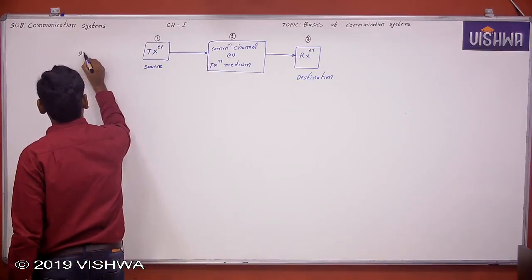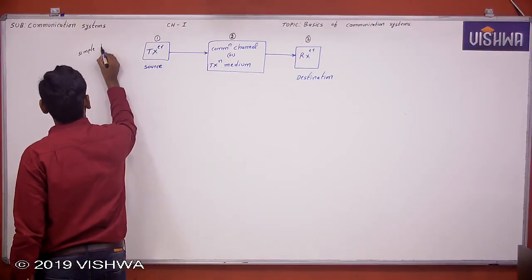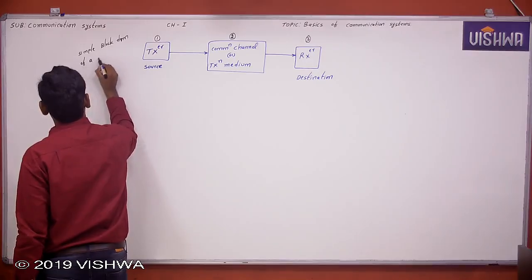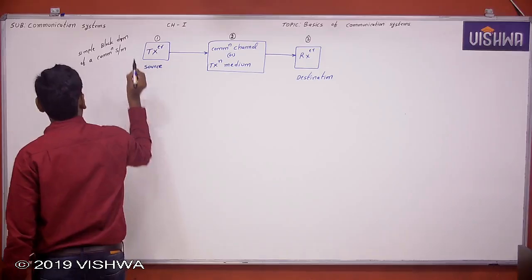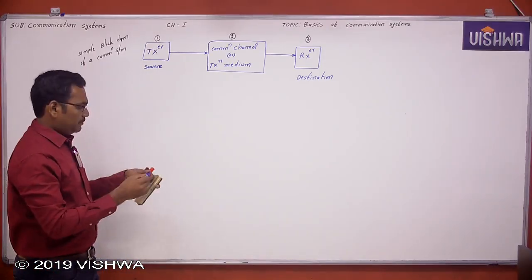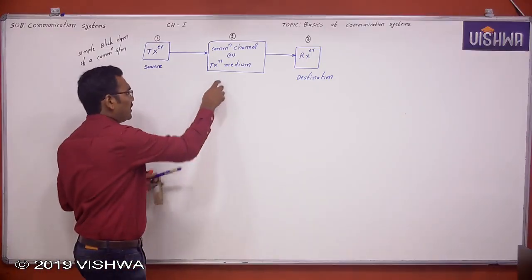This is the simple block diagram of a communication system. We just concentrate on this particular system. Now this is the communication channel.